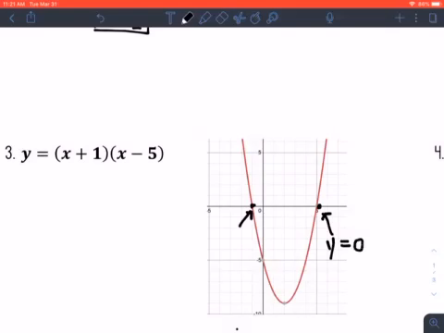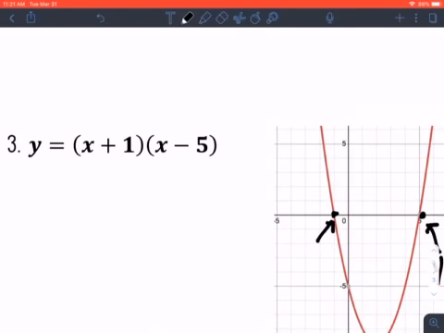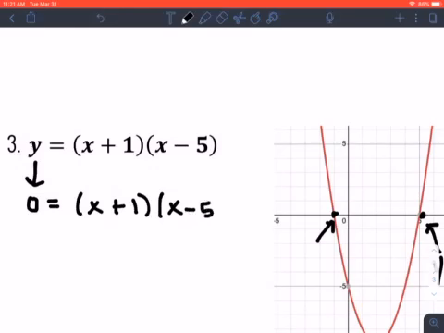So I'm going to go to my equation, y is equal to the quantity x plus 1 times the quantity x minus 5, and I'm going to replace that y with 0, and everything else I'm going to drop down. Now it's just like the previous two problems. I'm now going to set each factor equal to 0, because now I have it set equal to 0 and it's in factored form.